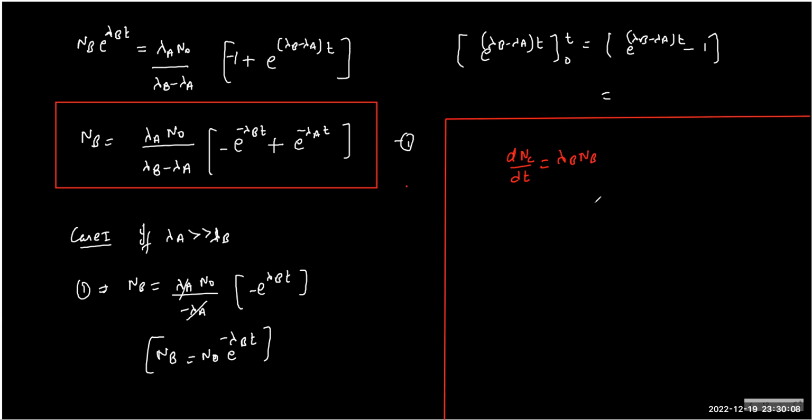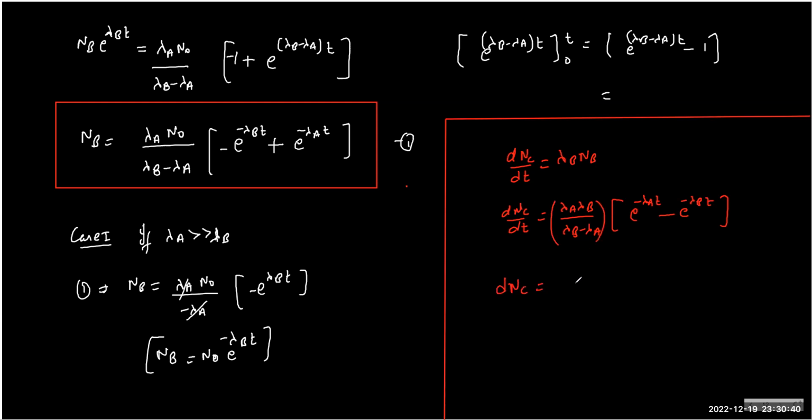The activity of B is the rate of production of C. Yes. So in general, dNC by dt will be lambda A lambda B upon lambda B minus lambda A into e power minus lambda A t minus lambda B t. Writing it properly this way.